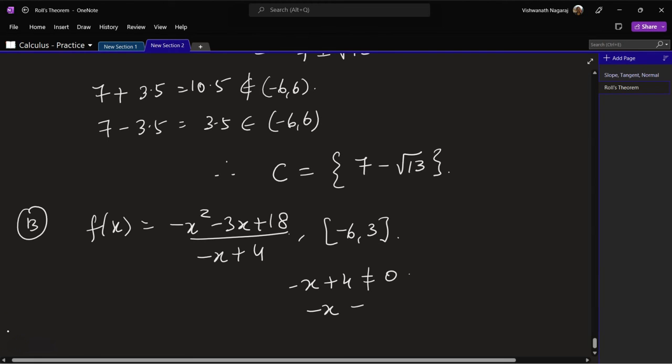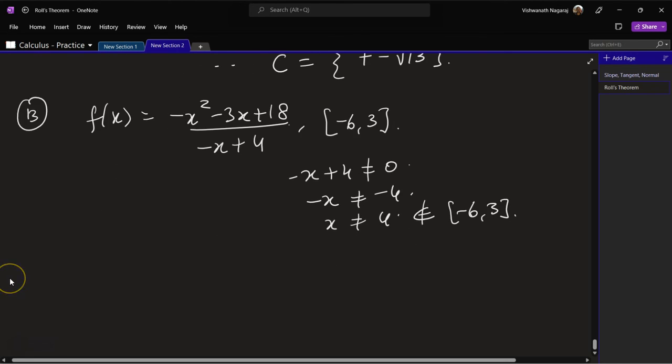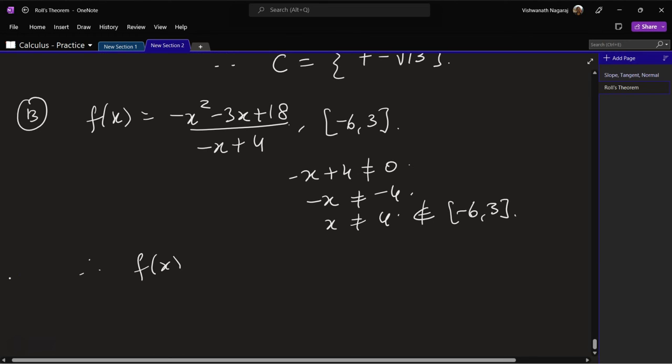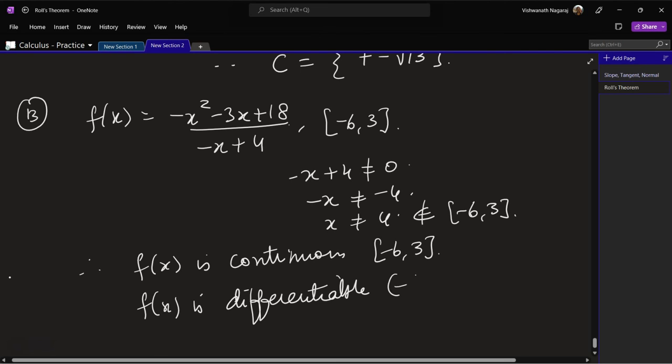That means minus x cannot be equal to minus 4, which means x cannot be equal to 4. But this 4 does not belong to minus 6, 3, right? So therefore, f of x is continuous in the minus 6, 3 interval. F of x is differentiable in the open interval minus 6, 3.